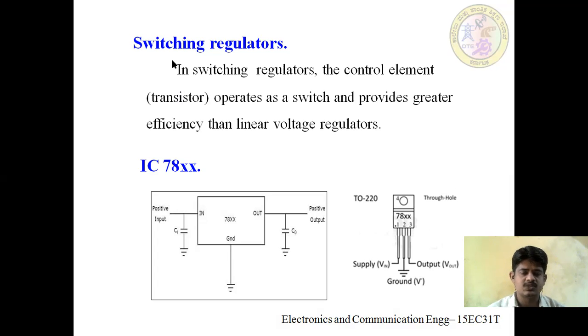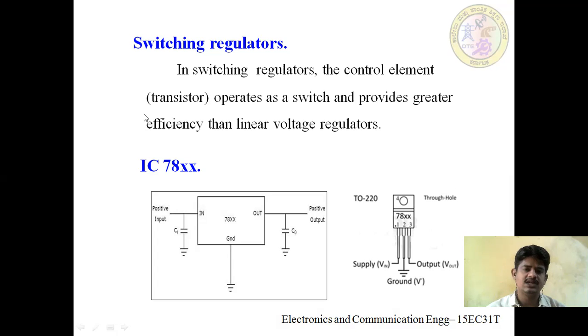As the name indicates, switching means it will have a switching operation, and that will be done by using the control element. We will discuss this topic in detail later on. Here we just need to understand that it has a control element which operates as a switch and it provides higher efficiency. So these are the three classifications we have discussed based on the output voltage: fixed output voltage, adjustable, and switching regulators.